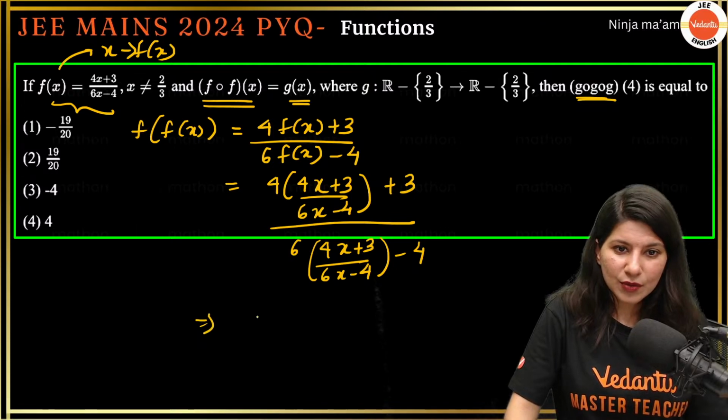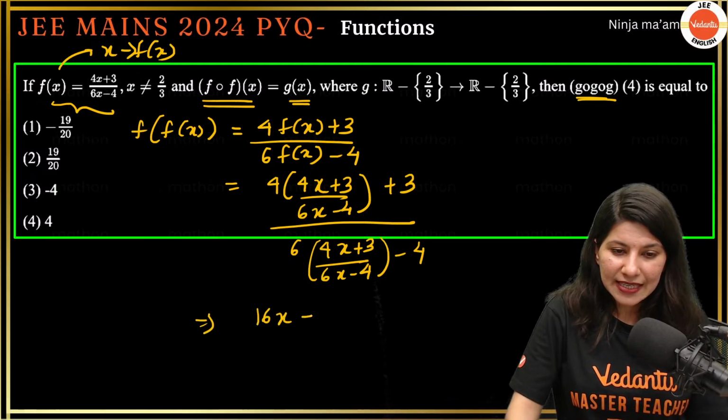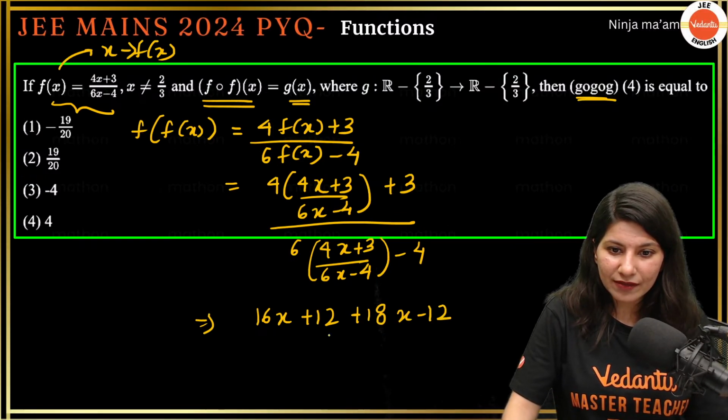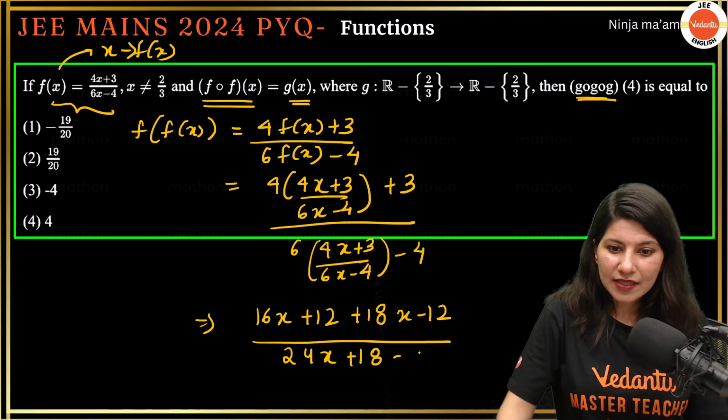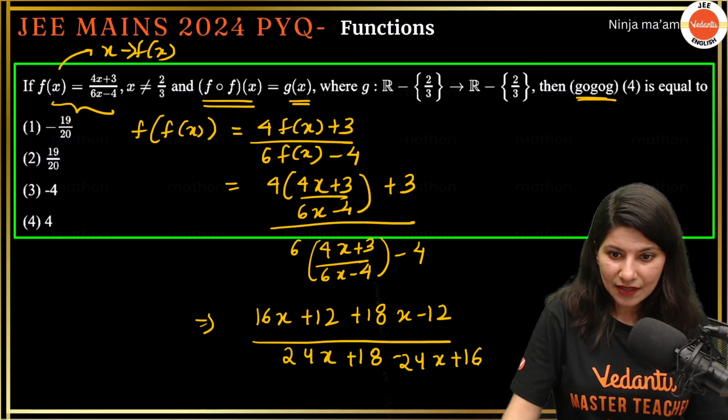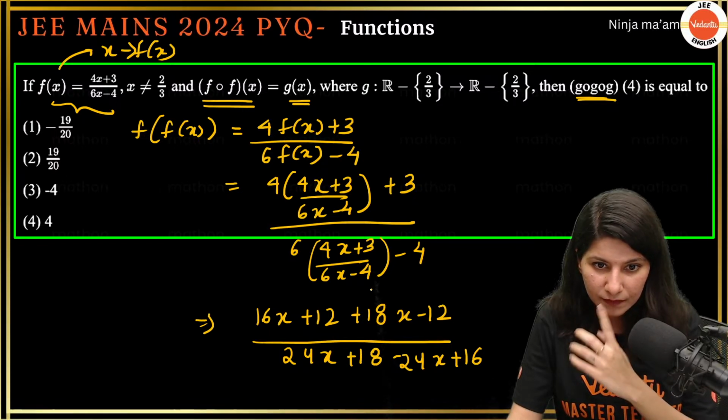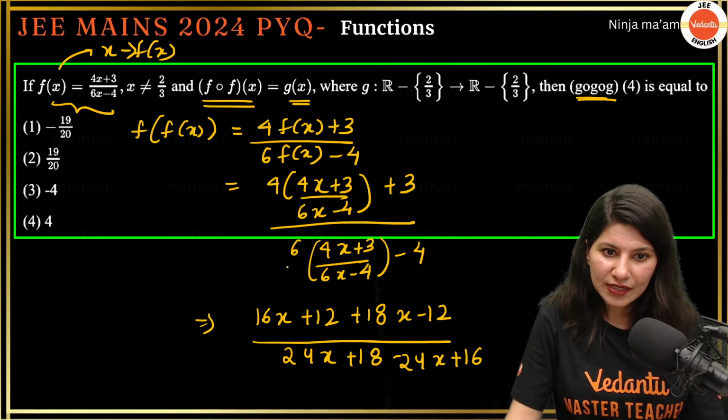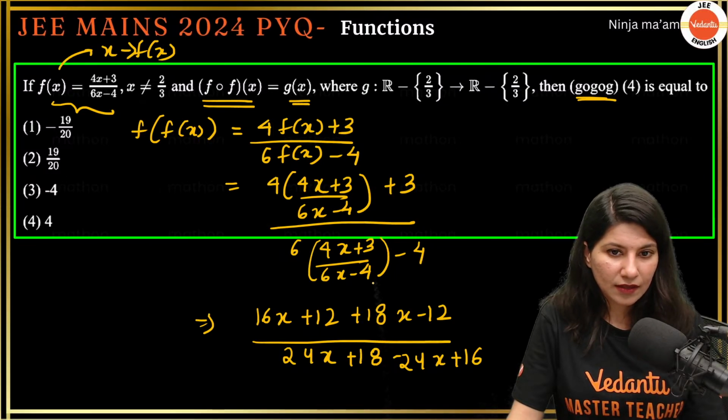So this is going to give you 4 4s are 16x plus 12, minus 3 6s are 18x minus 12, whole upon, again 24x plus 18 minus 24x plus 4 4s are 16. Is it 4 4s are 16, 6 3s are 18? Is it correct? Okay. So this is going to be 12 minus 12 gone.